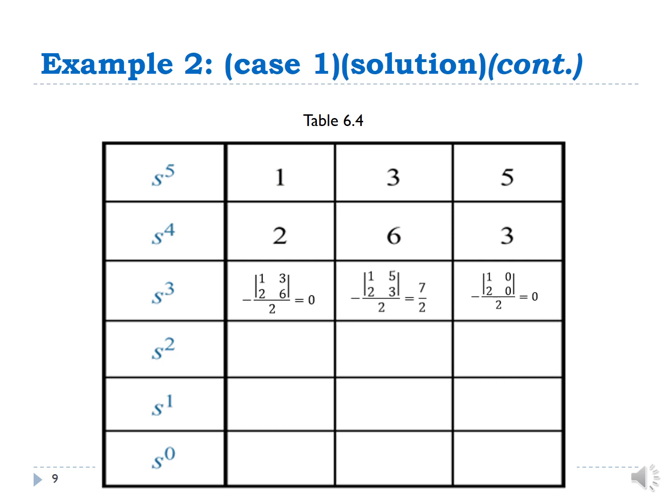However, as seen in the table, a 0 appears in the first column, which is in the s power of 3 row. So, what should we do now? In order to form the next row, which is s power of 2, a division by 0 is required.